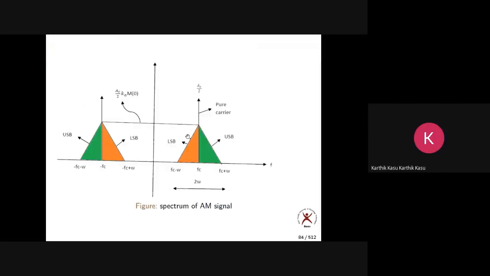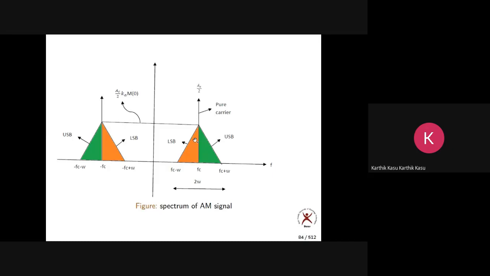There are three major components in the spectrum of the AM signal: the carrier component at FC, the lower sideband from FC minus W to FC, and the upper sideband from FC to FC plus W. These are the three major components of the AM spectrum. The upper sideband is this right angle triangle.